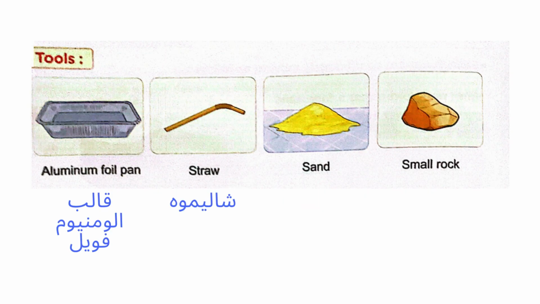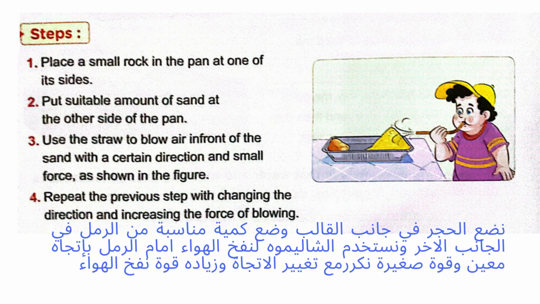We need tools: an aluminium foil pan, a straw, sand, and a small rock. We will place the small rock in one side of the pan, and then we will put a suitable amount of sand in the other side of the pan. So we have two sides in the pan.